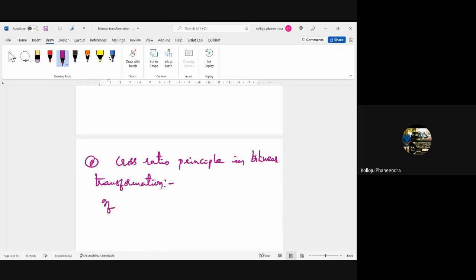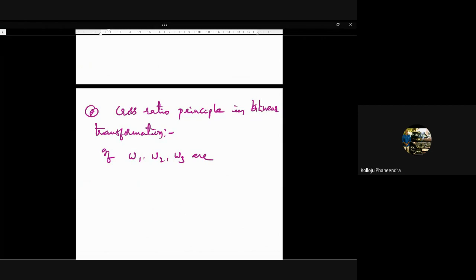If W1, W2, W3 and W4 are the respective images of Z1, Z2, Z3 and Z4, where W1, W2, W3, W4 are points in the W plane and Z1, Z2, Z3 and Z4 are points in the Z plane.